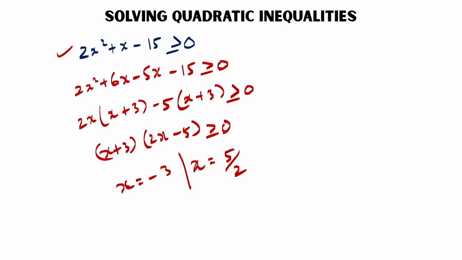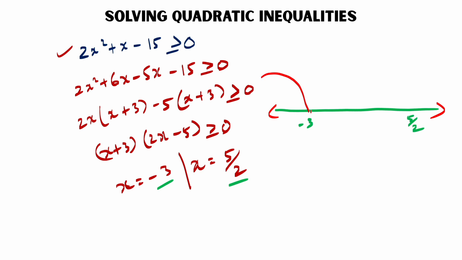Then what you do is just consider a number line. So this is a number line. How can we mark minus 3? Let us say here we mark minus 3, right? And 5 by 2, let us say 5 by 2 is here. Now what you do, simply just remember, simply mark like this. This is the first step, this is the second one, and this is the third one.